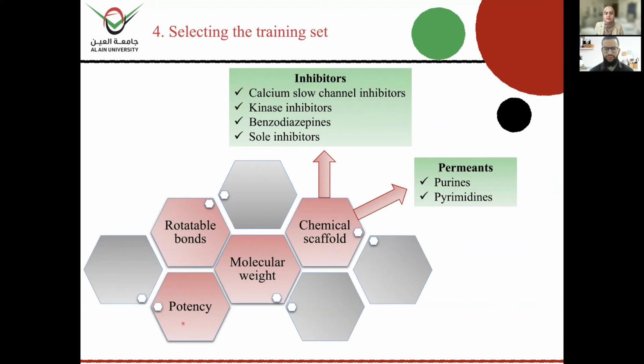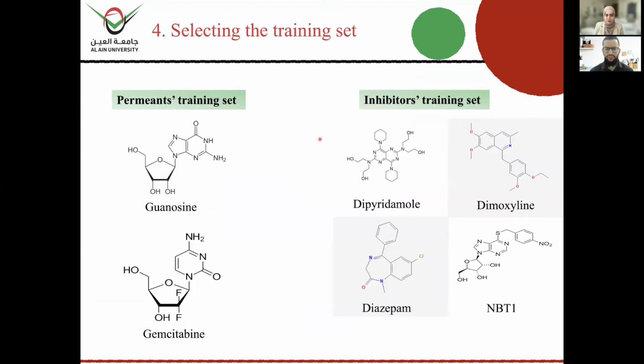Lastly, potency, whereby highly potent compounds are preferred. Moreover, belonging to different scaffolds is important for selection. Therefore, 2 permeants and 4 inhibitors, one from each scaffold, have been chosen as training sets.